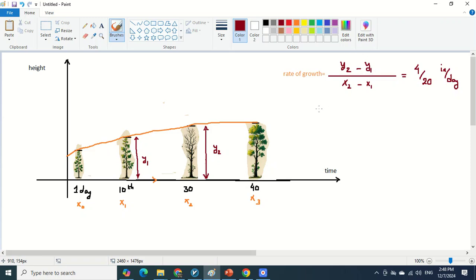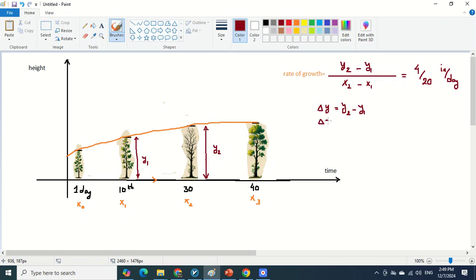We use delta y, this symbol, to determine the differences of y. This delta is a capital D in the Greek alphabet, and it comes from differences. Delta y determines the differences of y values, so it's y2 minus y1, and delta x determines the differences of x values.